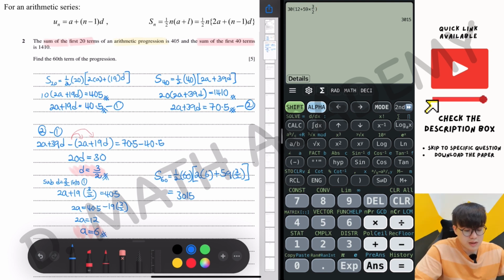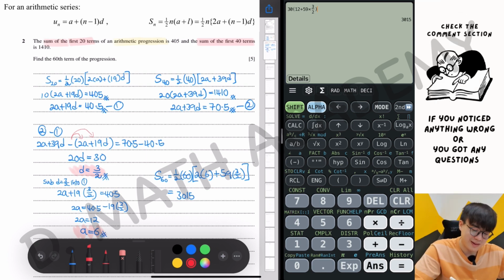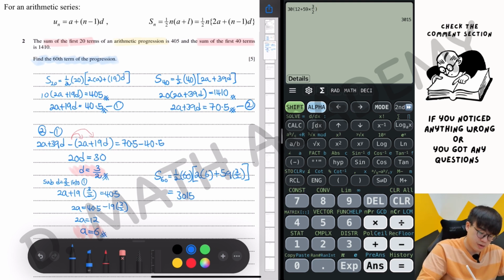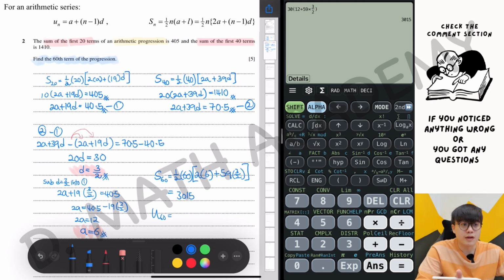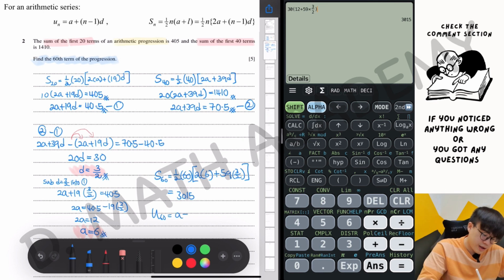Okay, this is the sum of the 60th term, but is that what they are looking for? No, they're actually looking for the 60th term. So to get to the answer, you actually have to do U60 instead. U60, you will get it by using the formula again. The formula goes by a plus 59d, 6 plus 59 times 3 over 2.